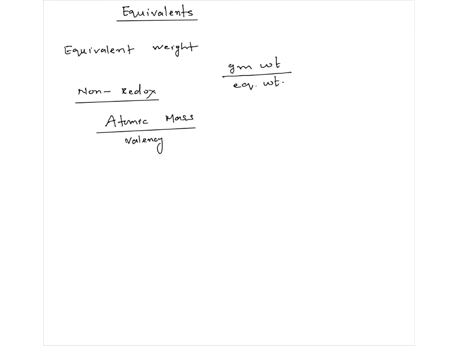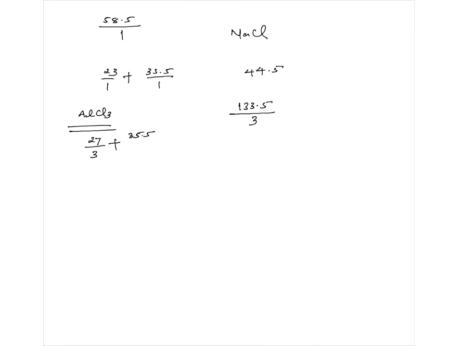For example, for NaCl, molecular mass or formula mass is technically more correct, 58.5 divided by total charge on the cationic or anionic part.